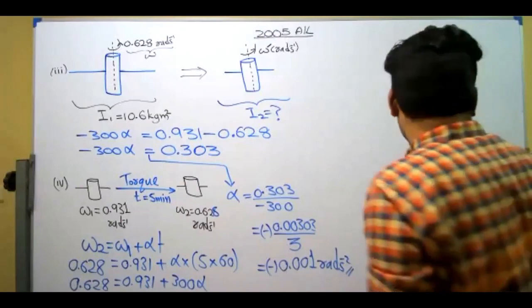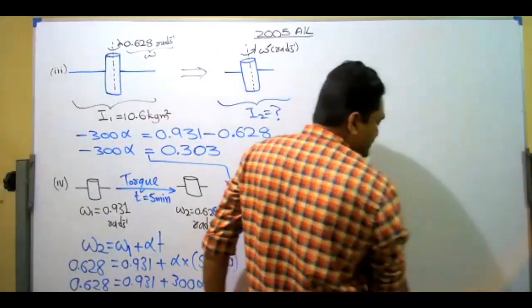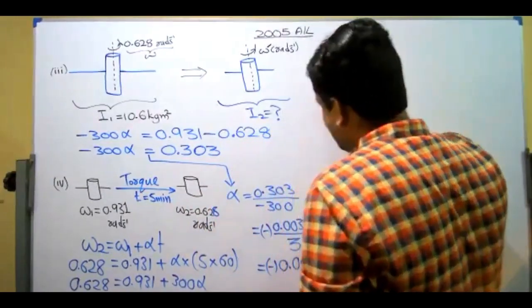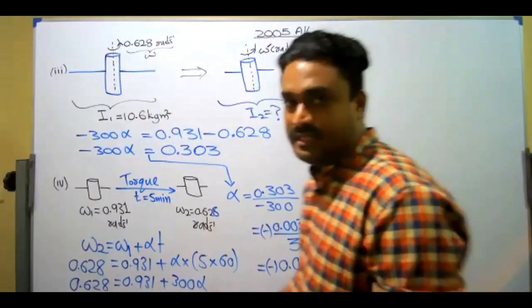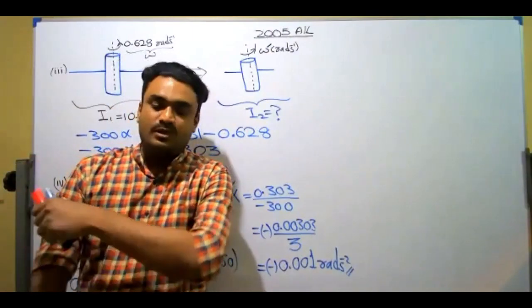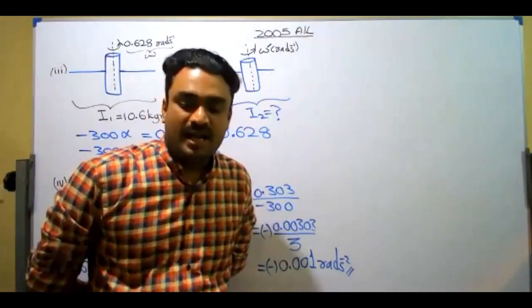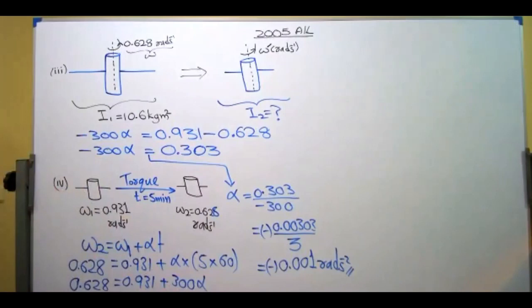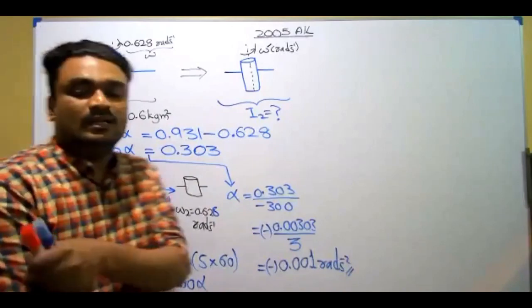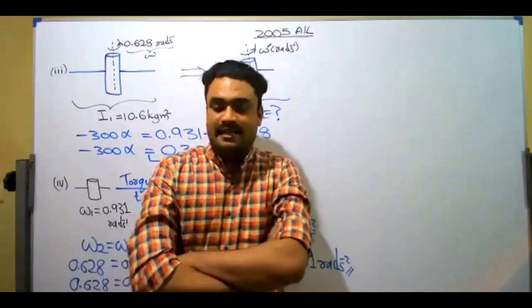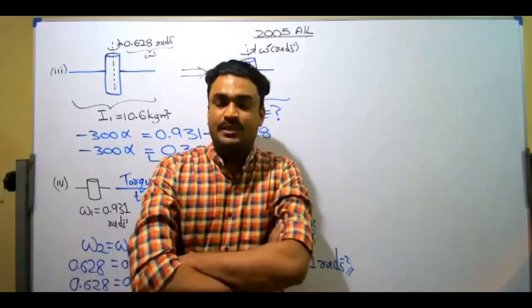That is deceleration. So put a star point and write. Alpha is the angular acceleration.